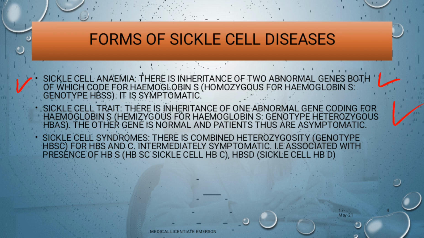Then we have the sickle cell syndromes, where there is combined heterozygosity. For example, the genotype HbSC, where HbS and HbC have combined together. These are intermediately symptomatic, associated with the presence of HbS and HbC, or HbS and HbD.